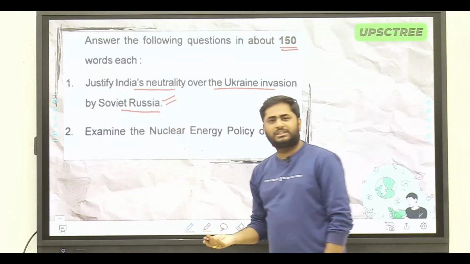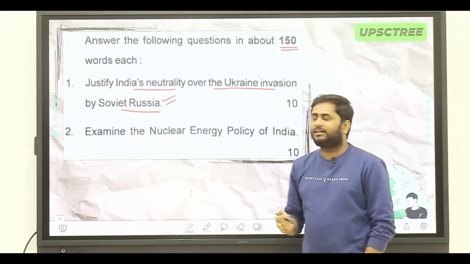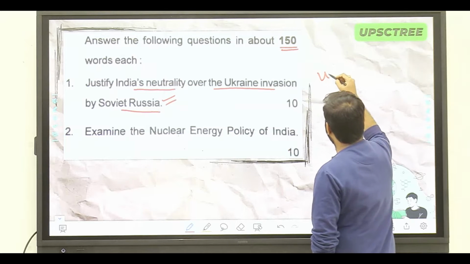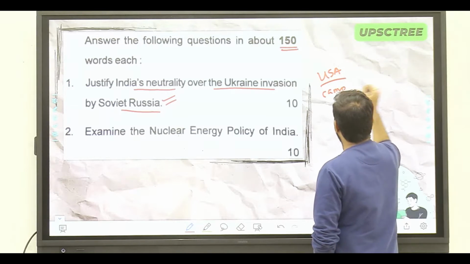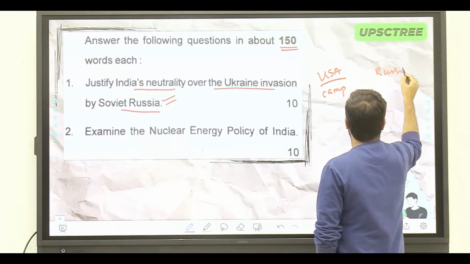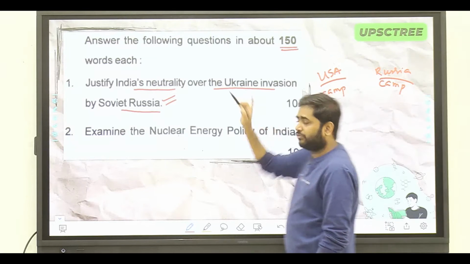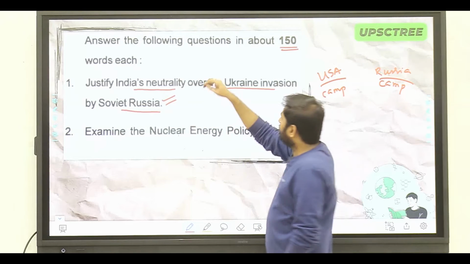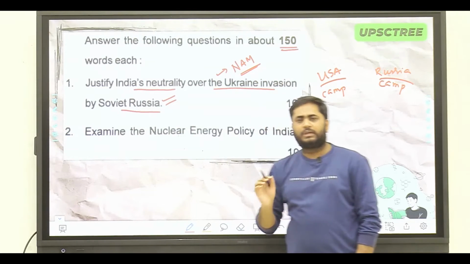This is a much debated topic, that India took a neutral stand. If you look at the major issue, there was a USA camp and there was a Russia camp. And this is nothing new. While discussing these topics, you discuss that this is nothing new because we did the same thing a long time ago.